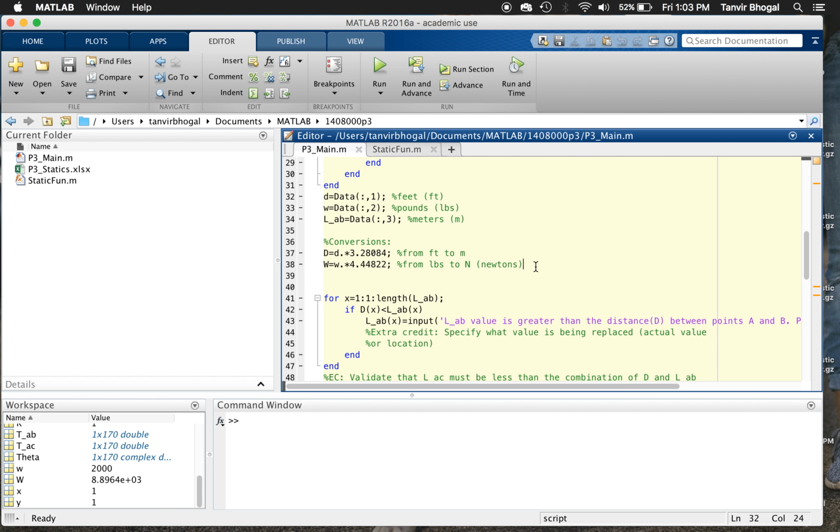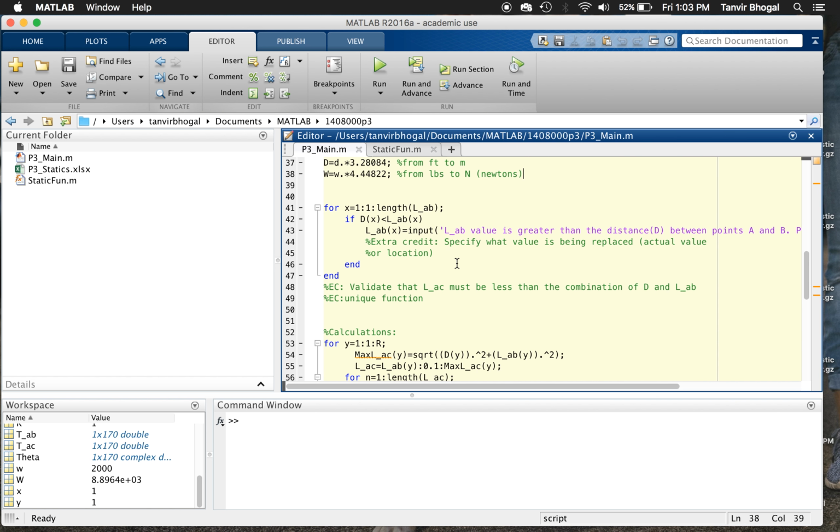Capital D is equal to lowercase d times 3.28084, which is simply going from feet to meters. And then capital W goes from pounds to newtons, so that we could have SI units for statics and physics, so that they would work a little better with our equations.